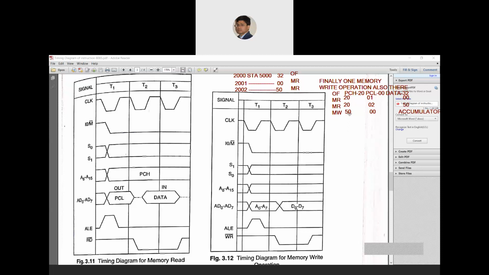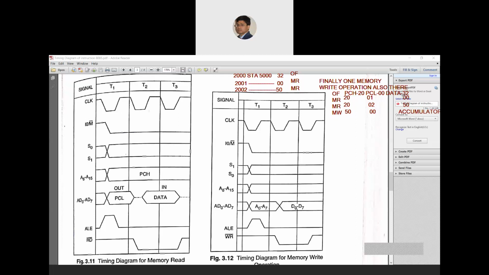Then the memory write operation is coming. In that memory write operation, you can see that the corresponding address from where the microprocessor has to write the data is not given in the table. The microprocessor has to understand that whatever data it has read in the last two memory read cycles, it has to store somewhere.